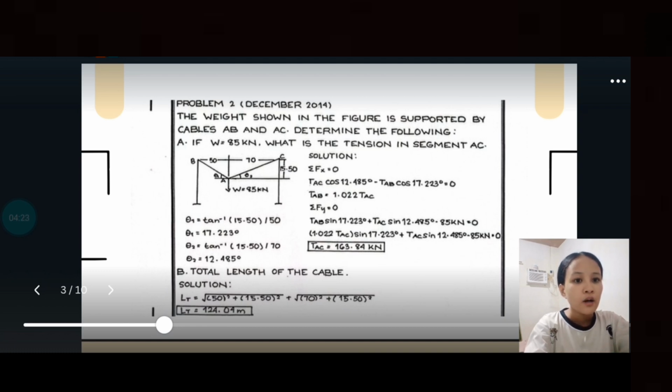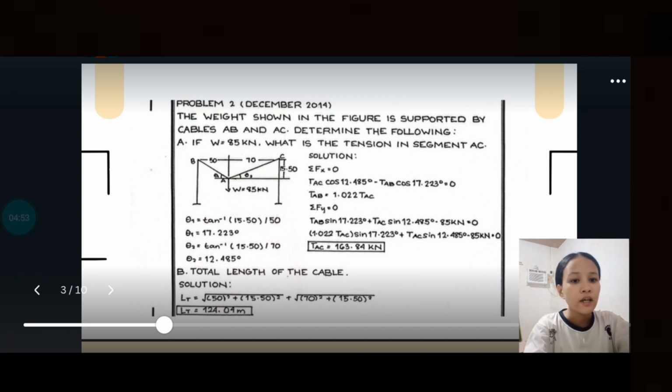So it will become 1.022 TAC sine 17.223 plus TAC sine 12.485 minus 85 kilonewton, which is also equal to 163.84 kilonewton. So our TAC is equal to 163.84 kilonewton.